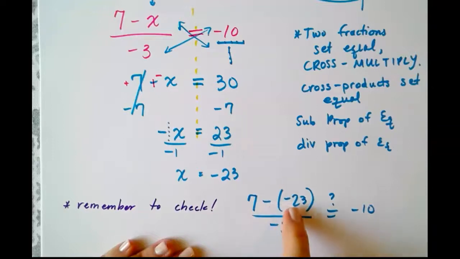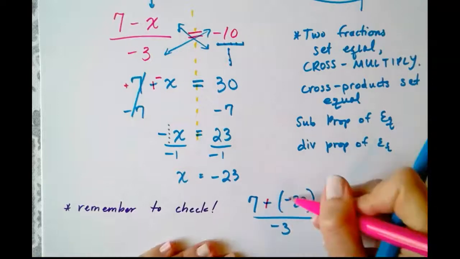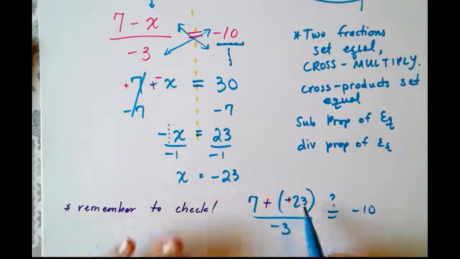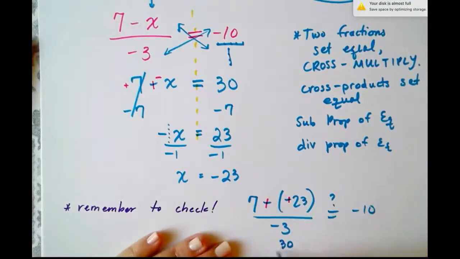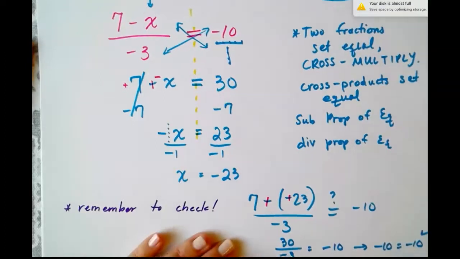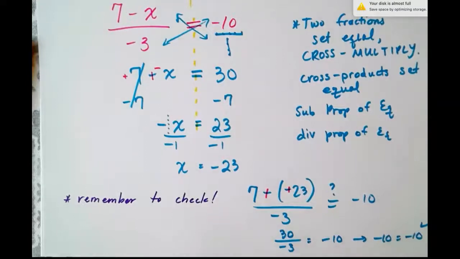Well, minus a negative will become plus a positive every time. So 7 plus 23 is 30, and 30 divided by negative 3 is indeed negative 10. Yes, negative 10 does equal negative 10. So it does indeed check.